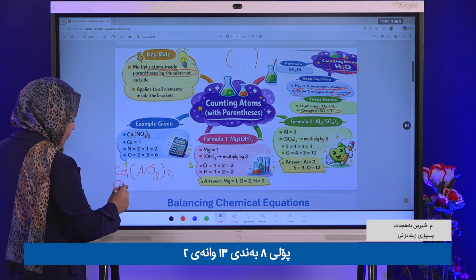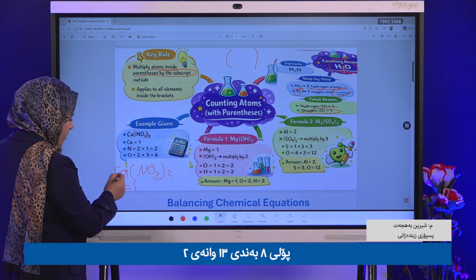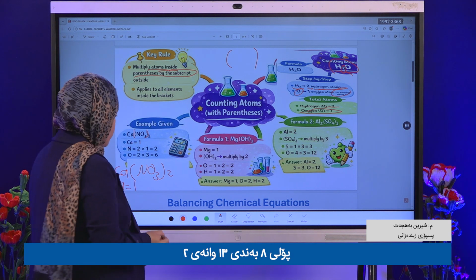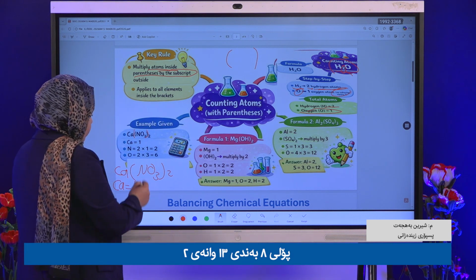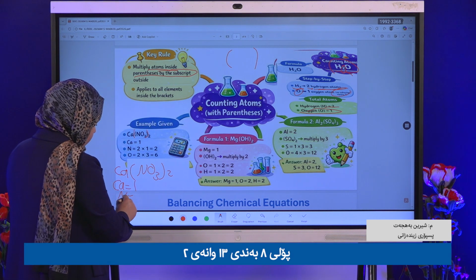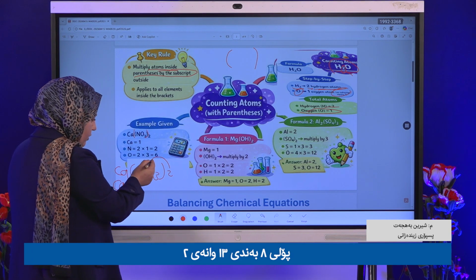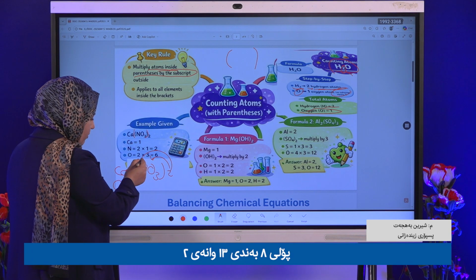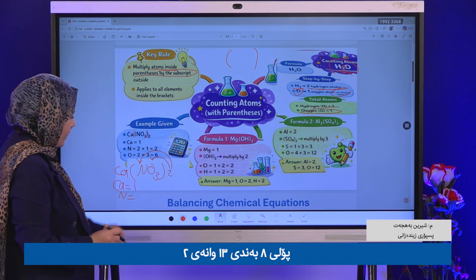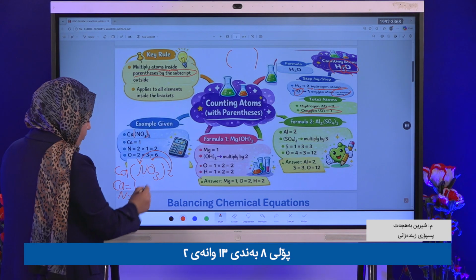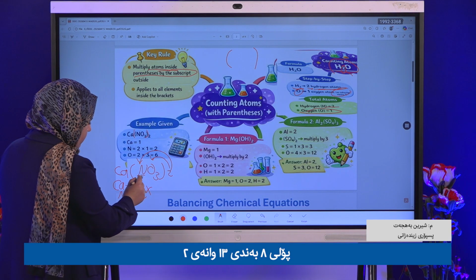Calcium is 1. Have you seen there is no subscript, right? What about nitrogen? Nitrogen, the 2 multiplies N and O. That means N is 2 times 1.